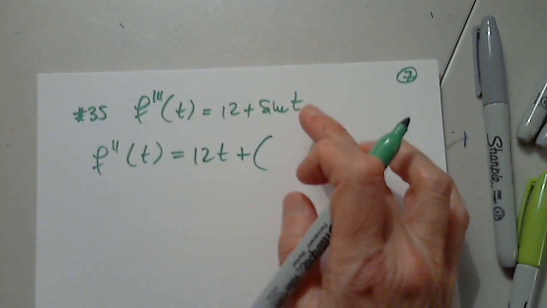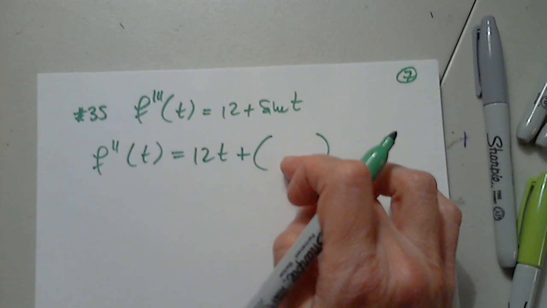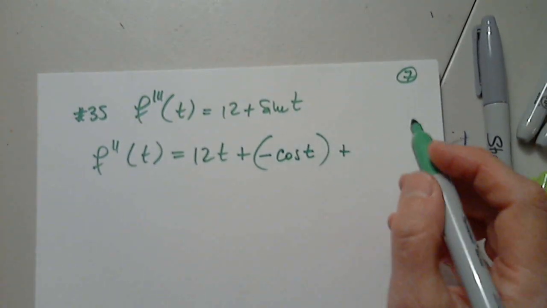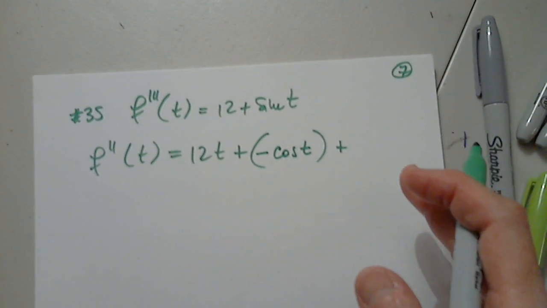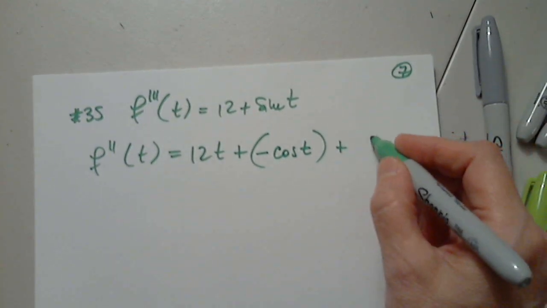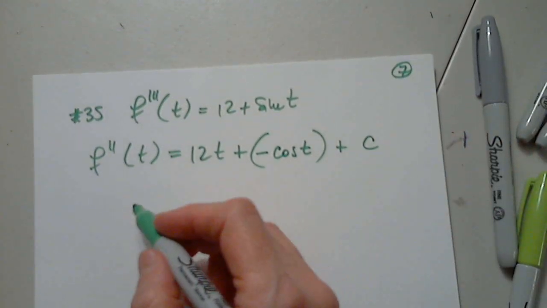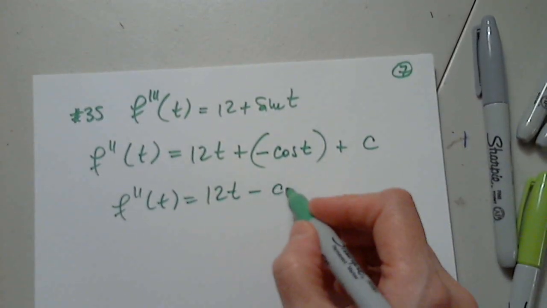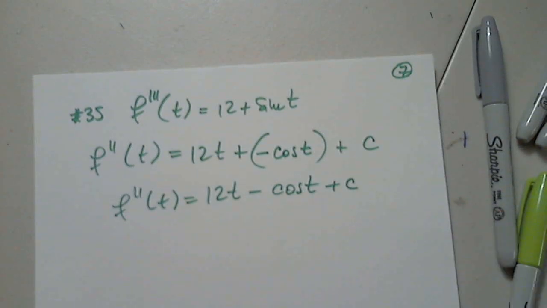Which function prime is sine t? Cosine. But negative. Negative cosine. Good. Plus, if you don't want c1, c2, I will say c. So then the second derivative equals 12t minus cosine t plus c.